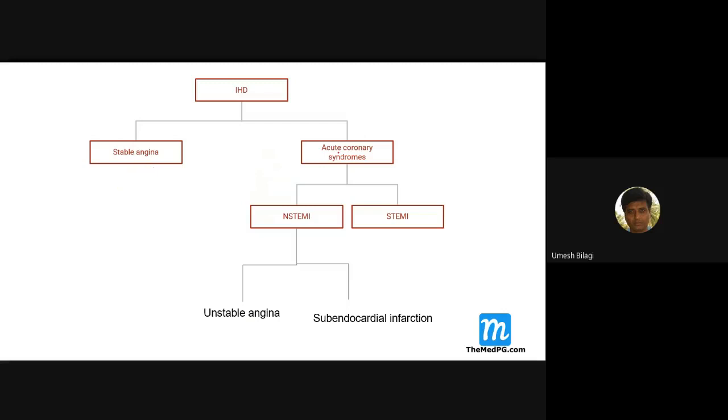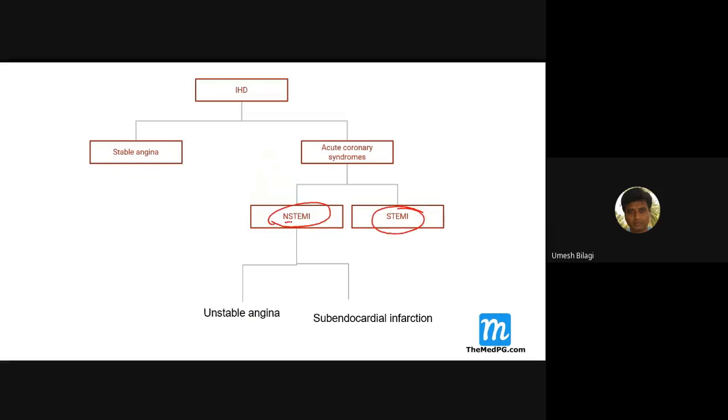We forget that. We'll come to acute coronary syndromes. Acute means these people have got some acute problem. Stable angina patients are OPD patients. Acute coronary syndrome may require admission. These acute coronary syndromes are classified into NSTEMI and STEMI.